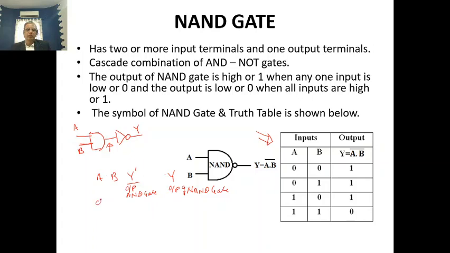Now for the combinations 0 0, 0 1, 1 0 and 1 1.